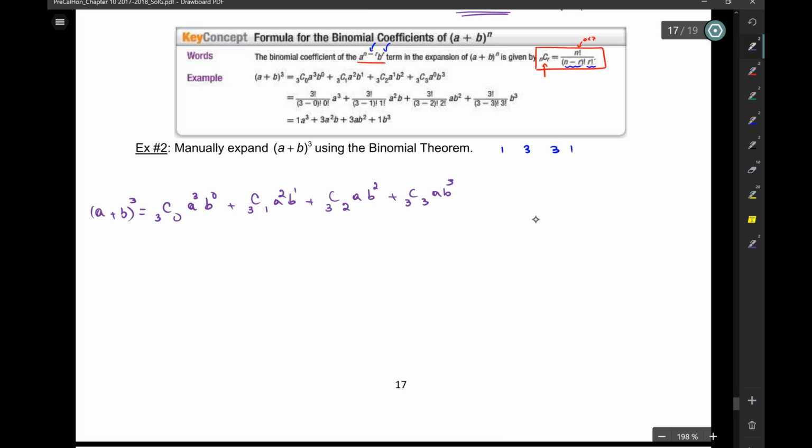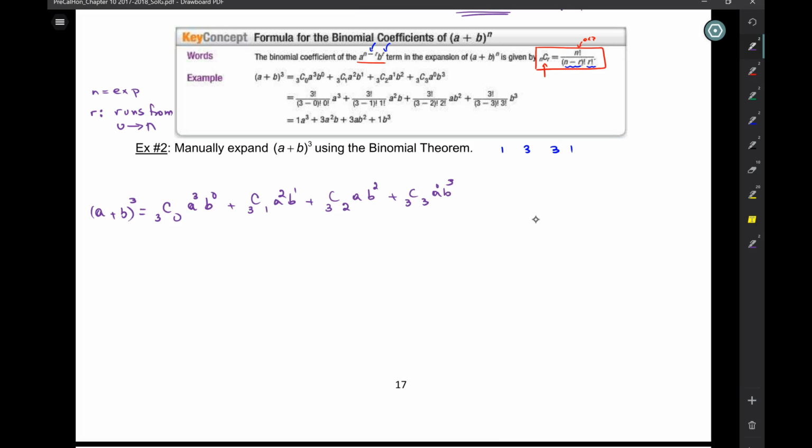So now that we've done this, we know that n is the exponent, and we know that r runs from 0 to n. Okay?